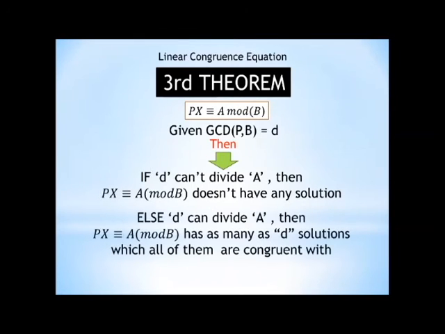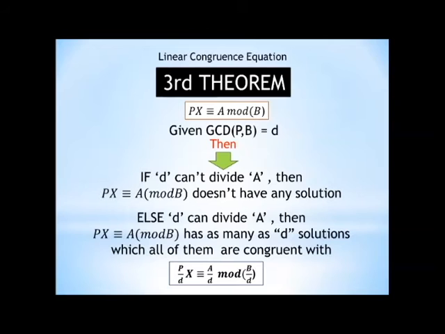And if D can divide A, then the equation Px congruent A mod B has as many as D solutions, all of which are congruent with this: P over D x congruent A over D mod B over D.